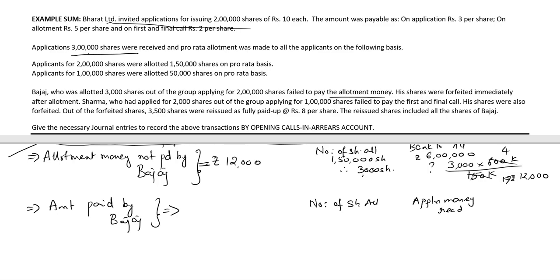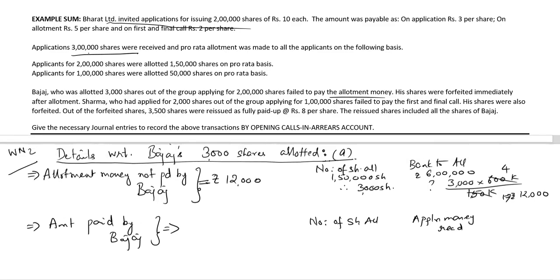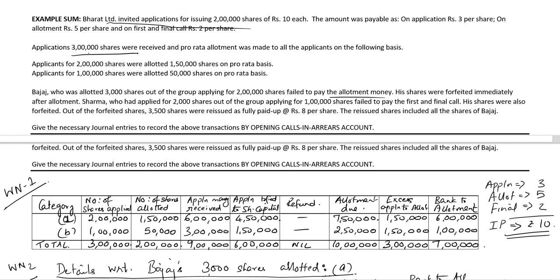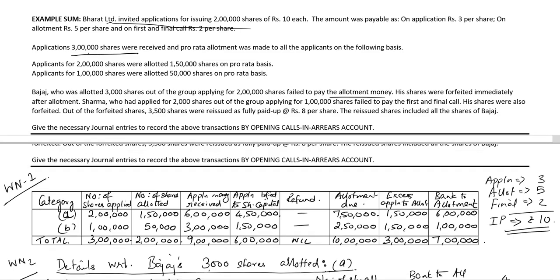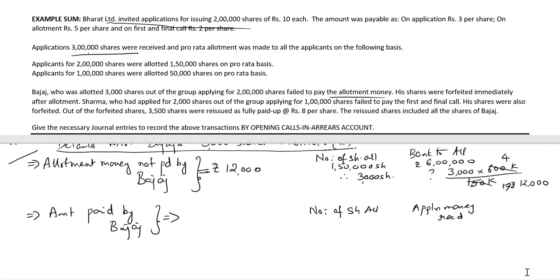So in category A, the number of shares allotted is 1,50,000 shares, against which rupees 6 lakh application money has been received. So against 1,50,000 shares, it's rupees 6 lakh.